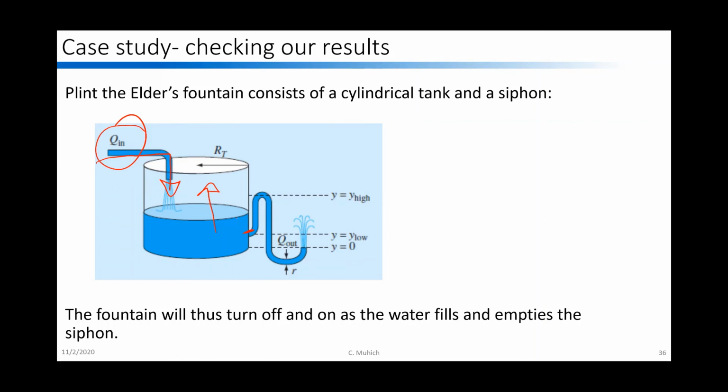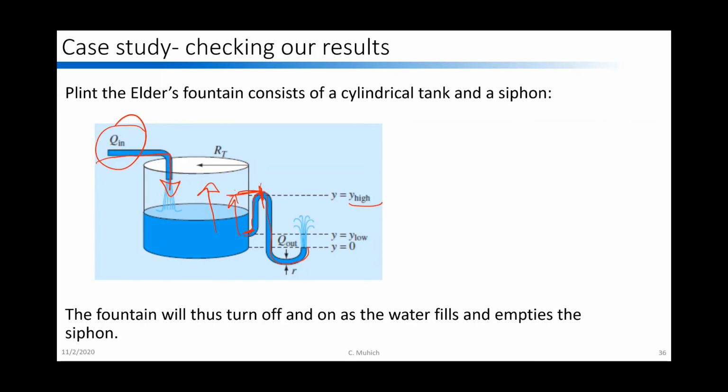If you haven't had fluids yet, the idea with the siphon is as the water would fill up, the level in this siphon would increase. Once the water in the tank got to this level Y high, it would fill the siphon and start shooting out as a fountain.